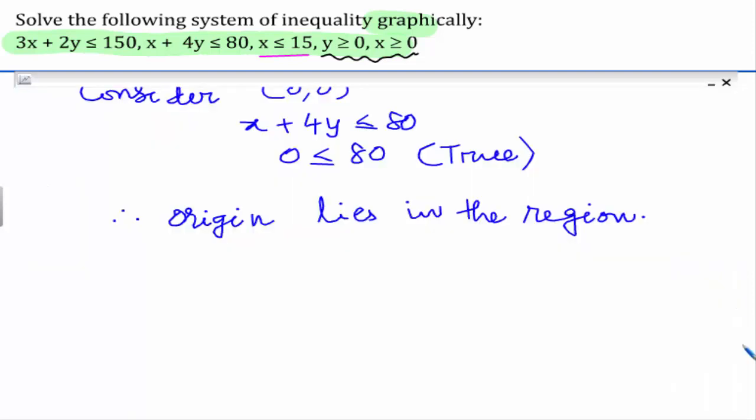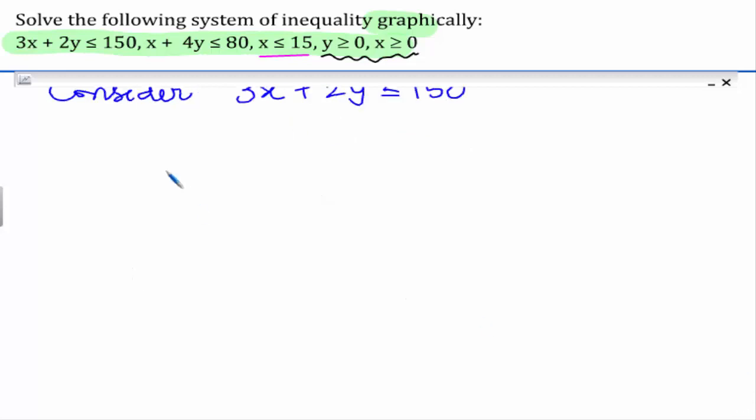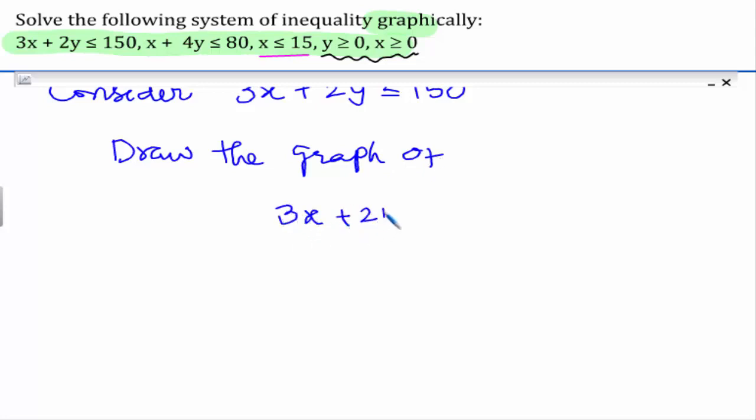Now let us draw the graph for the final one, that is 3x plus 2y less than or equal to 150. Now we have to draw the graph of 3x plus 2y is equal to 150.